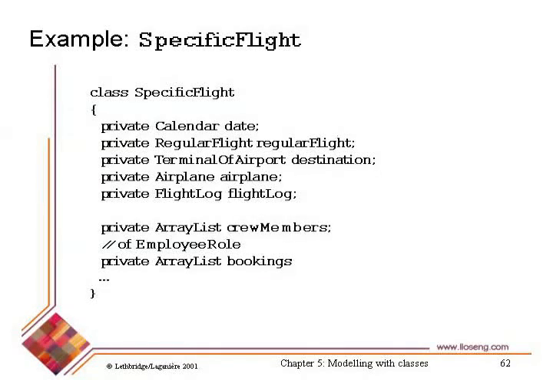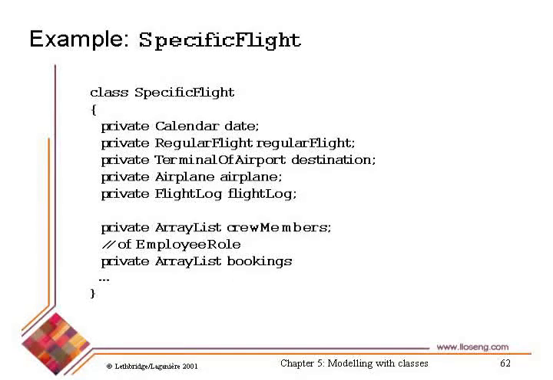Regular flight is implemented as an association, that is, the specific flight is one regular flight, so it's of type regular flight. I have an airport terminal. This flight is going to go from one airport terminal, so it's declared a type terminal. One airplane and one flight log. So these first 5 attributes are implemented just as instance variables of the type of the class that's at the other end.